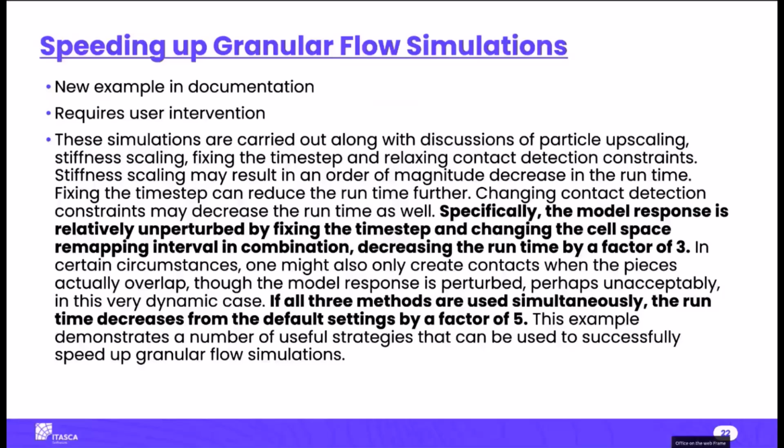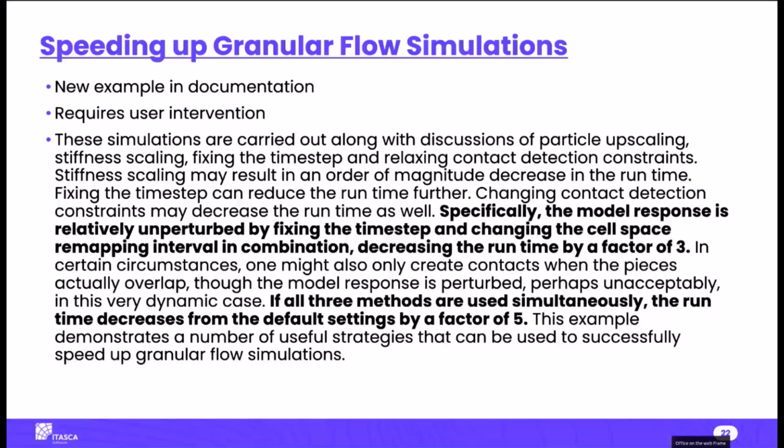So not only do we have this sort of speed up, there's an example in the documentation which talks about granular flow simulations specifically and speed up there by changing contact detection parameters and changing the time step to be fixed. Read this example in PFC 9 if you're doing granular flow simulations. This example is trying to simulate the Brazil nut effect, where large particles become buoyant in a smaller particle bed.